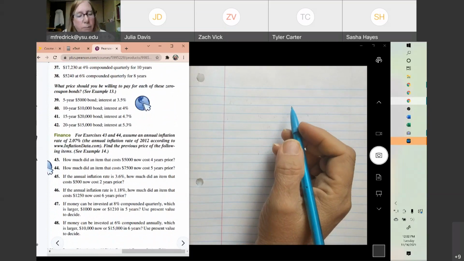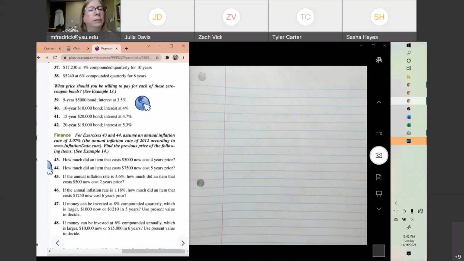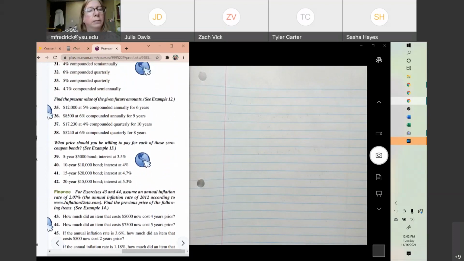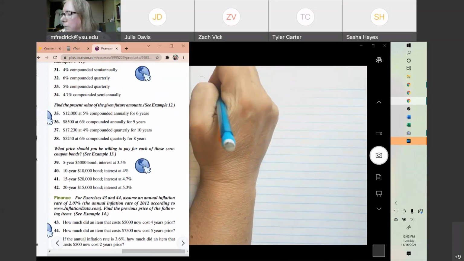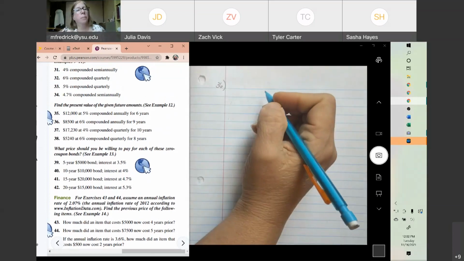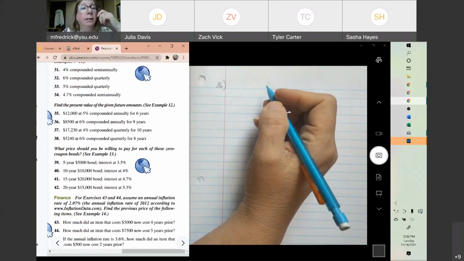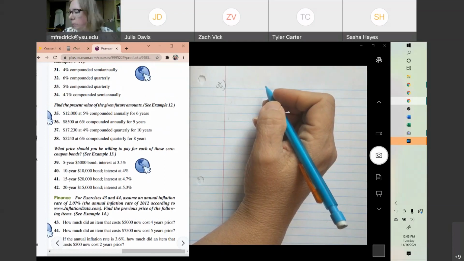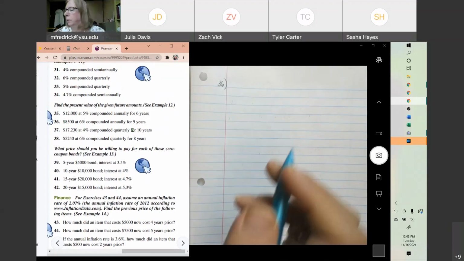For exercise, wait, which one are we doing? Number 36. Find the present value, so that means we're looking for P, given the future value. Number 36, 8,500 at 6% compounded annually for 9 years.